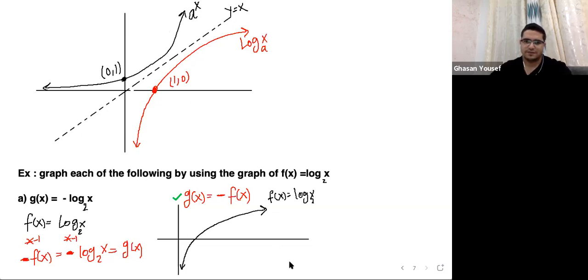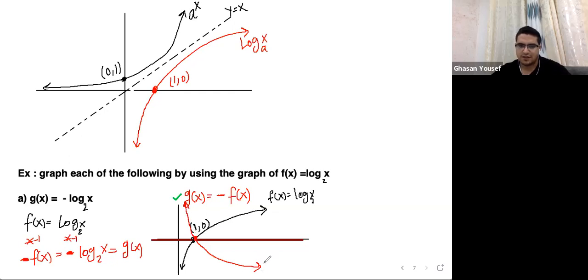So this is my mirror, my x-axis. By the way, the function is passing through the point 1, comma 0. Now I have to reflect this function around the x-axis. This means that when I reflect this point, it will be the same point, and all these points will be down here, and this part will go up like this.